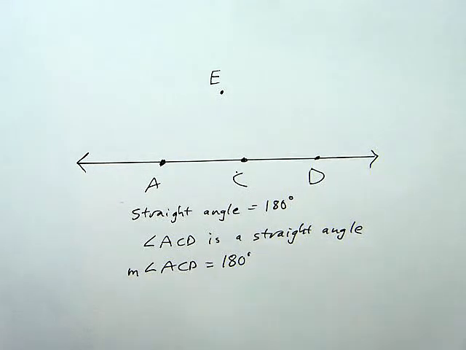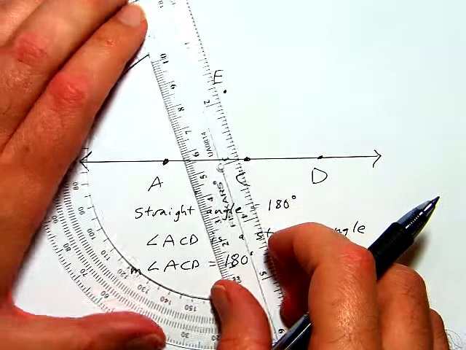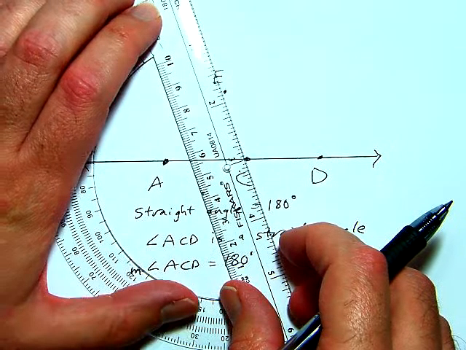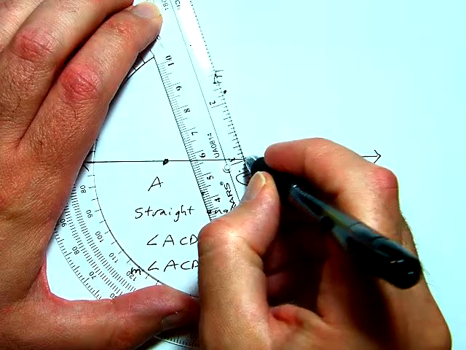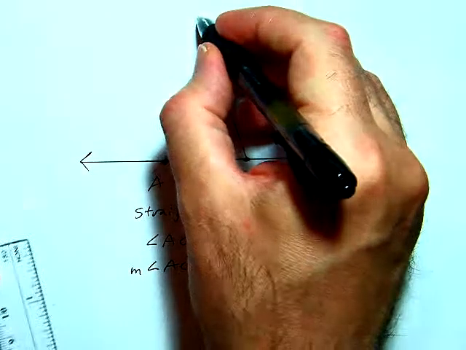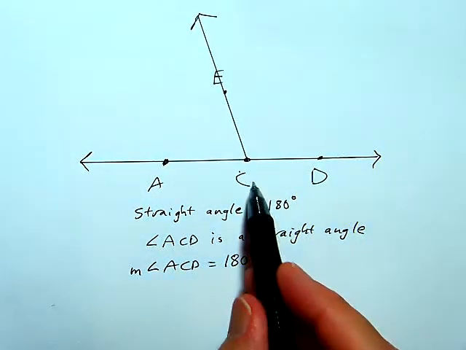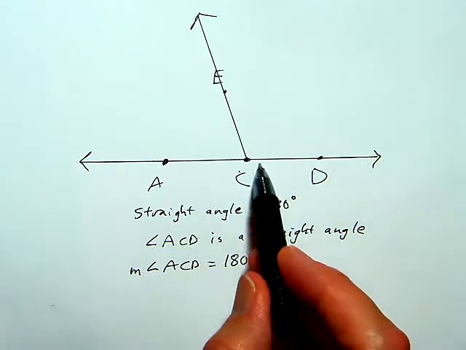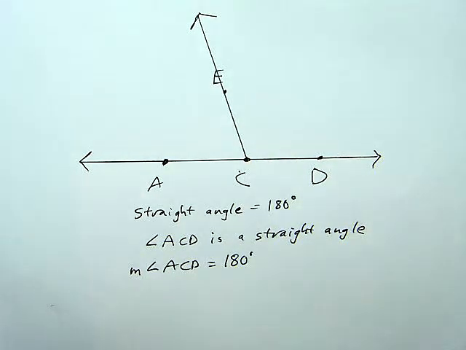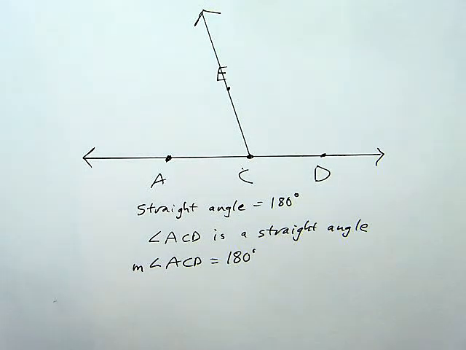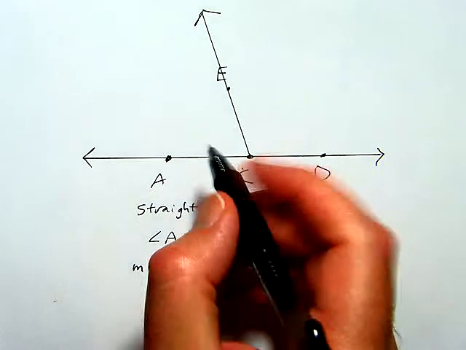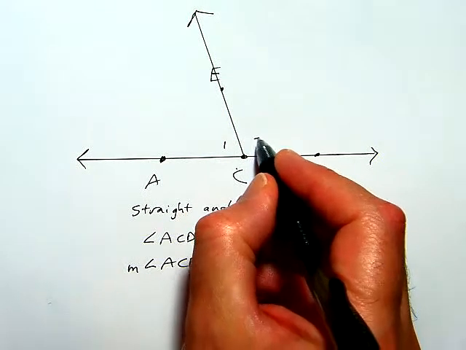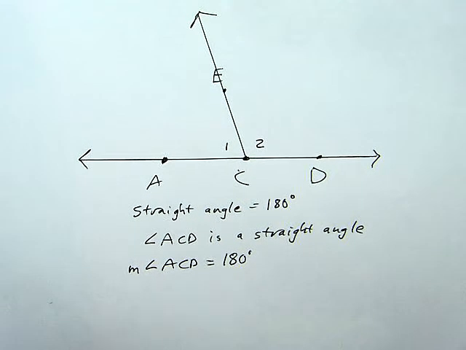Okay. Now, if we drew the line CE, so from the middle collinear point, let's draw a ray or line CE. We've been mostly talking about rays, but lines also would create angles. Okay, but we're only going to look at the ray above the line. Then we've created 2 angles. We can call them angle 1 and angle 2.